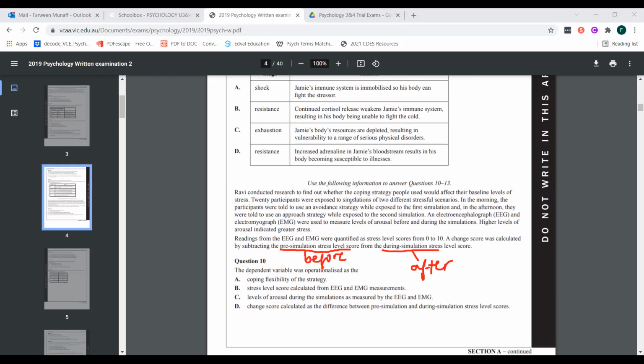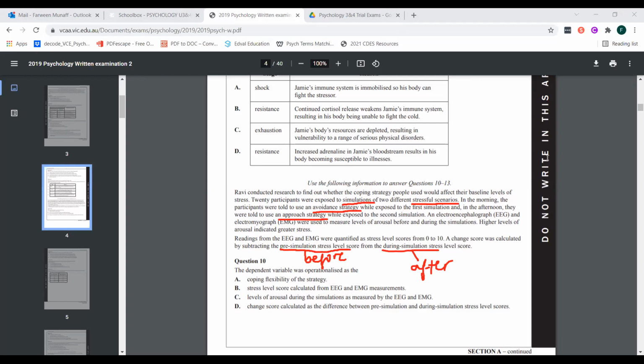So they've been exposed to 2 simulations, or, what's another word for simulation, 2 trials or 2 examples of different stressful scenarios. And then they've been told to use an avoidance strategy. Avoidance means not thinking about the stressor, but thinking about something else. So in one condition, they were asked to use an avoidance strategy. In the other condition, they've been asked to use an approach coping strategy.